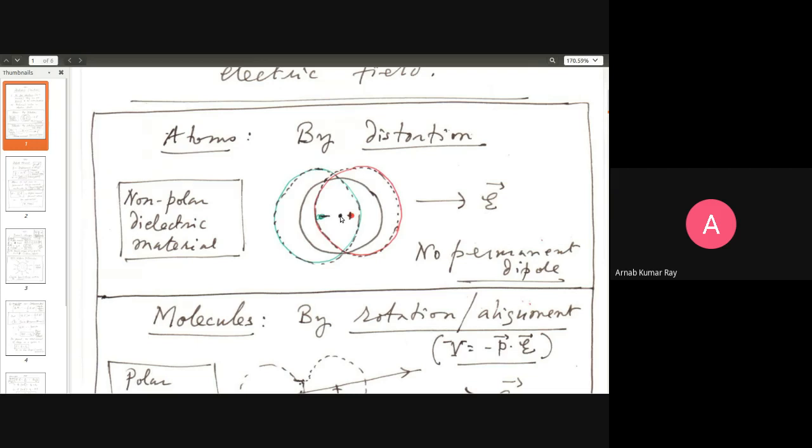You should see the electron as a diffuse cloud of negative charge all around. But why that should happen is a matter of serious question that gave rise to the subject of quantum mechanics. But I hope in school chemistry you would have read about this thing, electron cloud. So this black circle is a representation of that electron cloud, and the black dot is the positively charged nucleus of the atom. Okay.